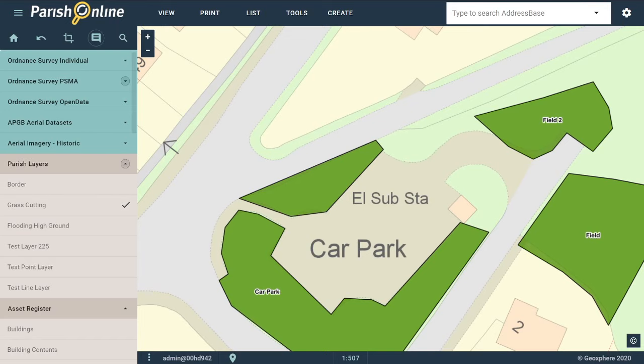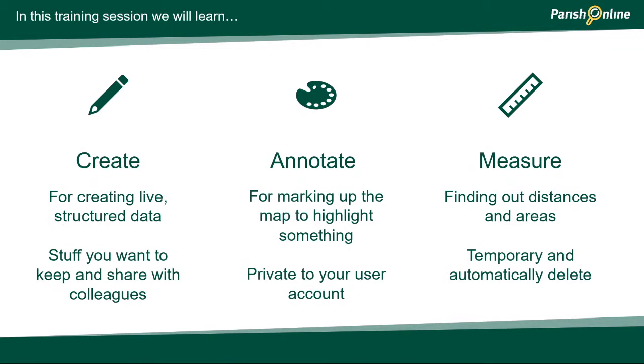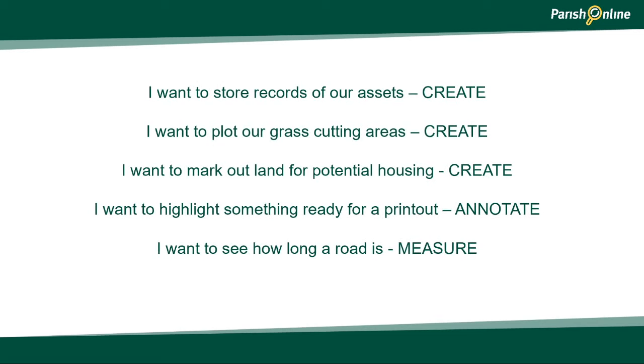Right, so let's go back to my little slideshow here. And let's summarize these. So some scenarios where you'd want to use either of these 3 tools. If you wanted to store records of your assets, then you should definitely use the Create tool and use those asset register layers.